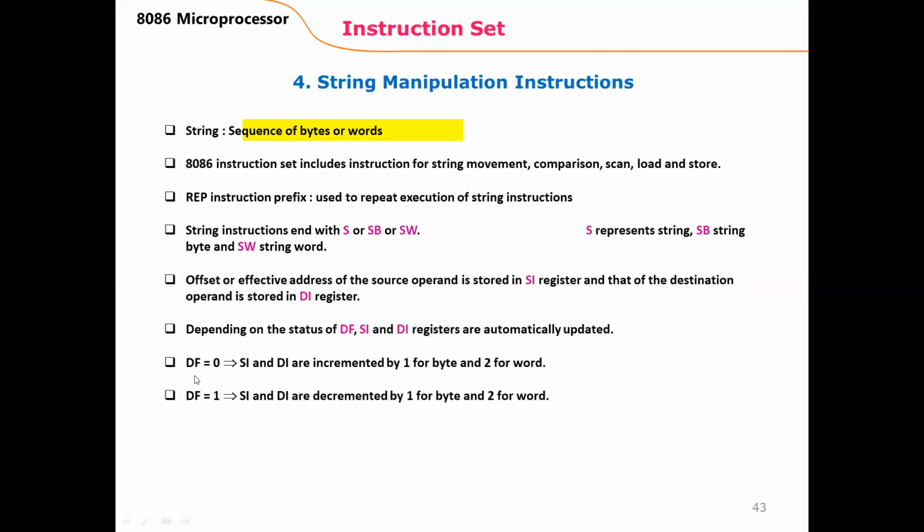There was one flag known as the DF flag, the direction flag. If we are performing the operation in an incremented way, then the direction flag will be 0. If we are performing in a decrement way, moving from a higher address to a lower address, then the direction flag is 1.